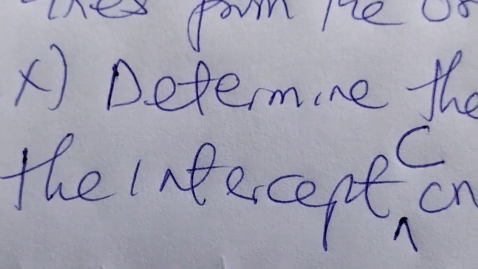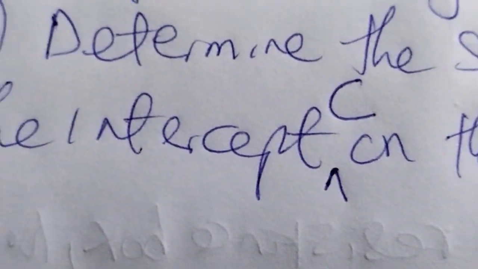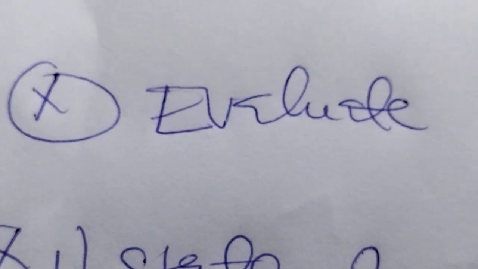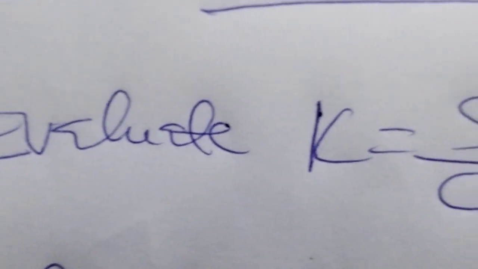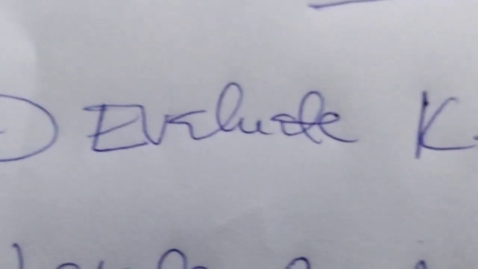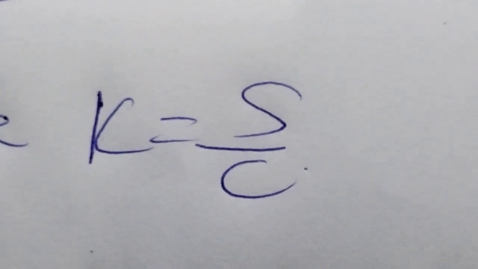Then IX, determine the slope S of the graph and the intercept C on the vertical axis. X, evaluate K equal to S over C. You know that S is the slope and C is the intercept on the vertical axis.